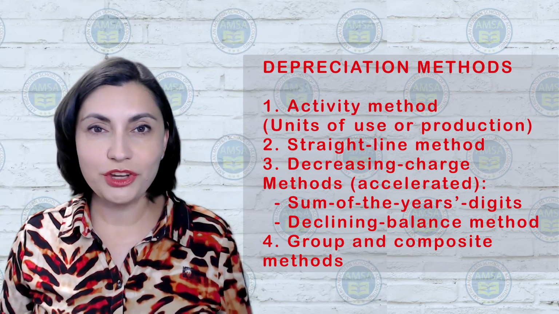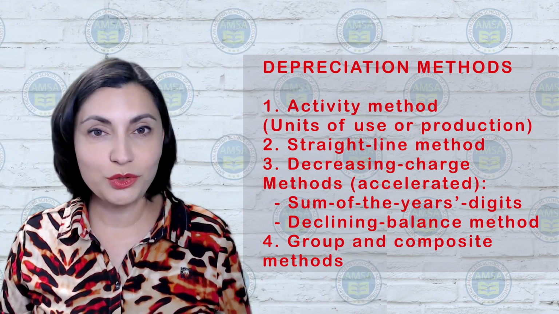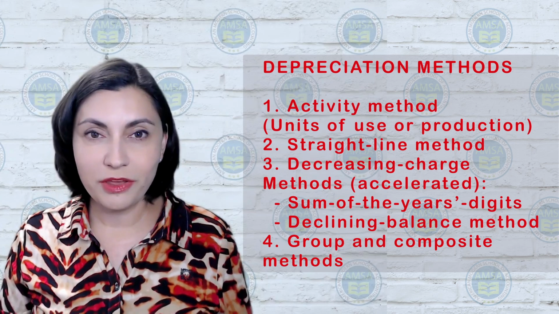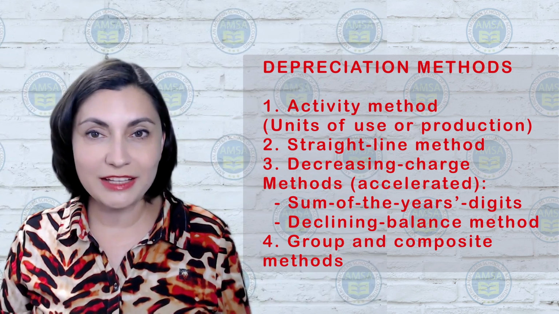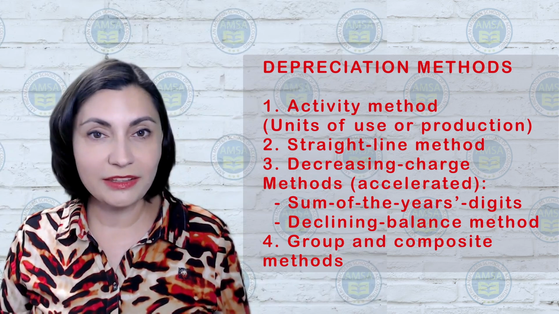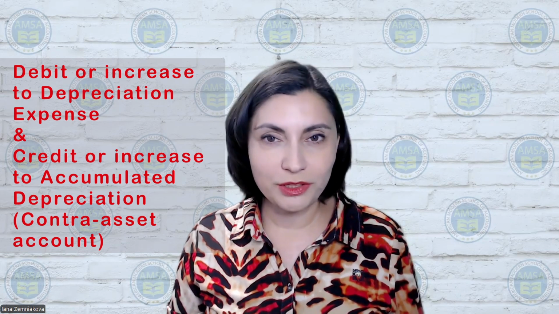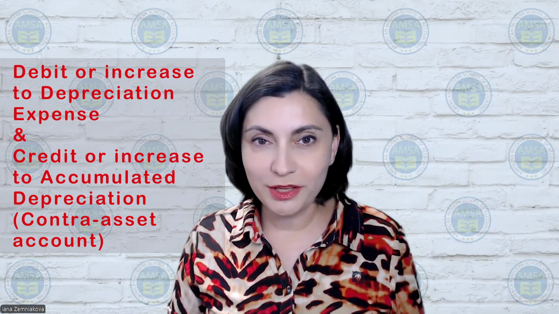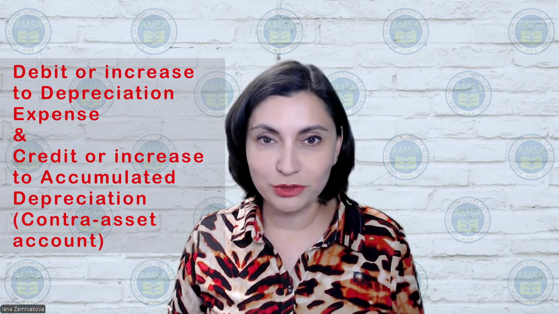The following depreciation methods can be used: activity method or units of use or production, straight line method, decreasing charge methods or accelerated methods, including sum of the year's digits and declining balance method, and group and composite methods. Depreciation expense is recorded as a debit or increase to the depreciation expense account, and a credit or increase to the accumulated depreciation account, which is a contra asset account.